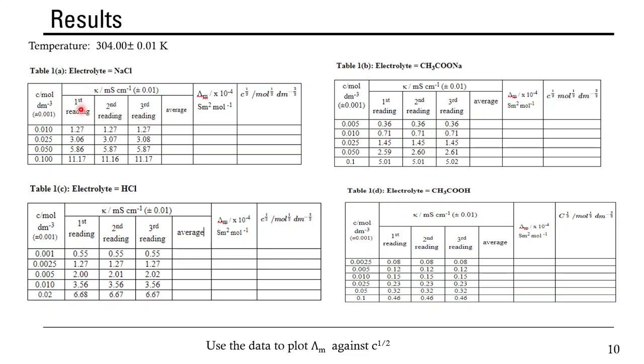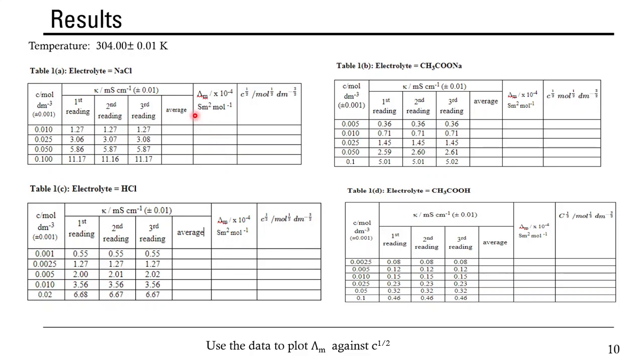Okay, so you have the average that you have to measure, so you just take these values and average them up. And from there you need to calculate the molar conductivity, which is equivalent to this over that, and make sure that you convert according to this so that you can see the consistency.